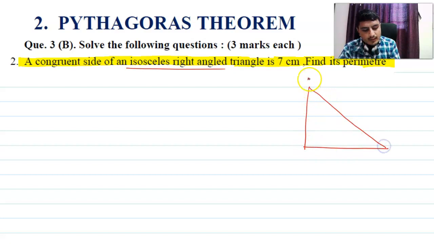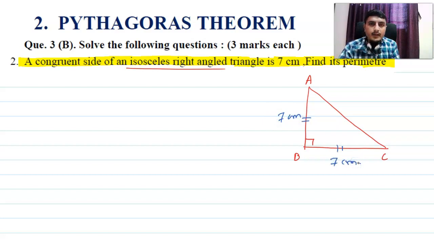Let us assume that the right angle triangle is ABC, which is right angled at B. And once the pair of perpendicular sides are congruent, then we can say that the given right angle triangle is isosceles also. So it is now an isosceles right angle triangle whose congruent sides are 7 cm and 7 cm.